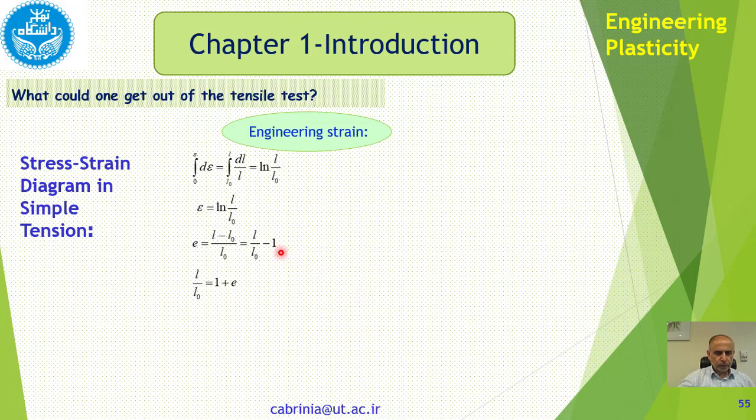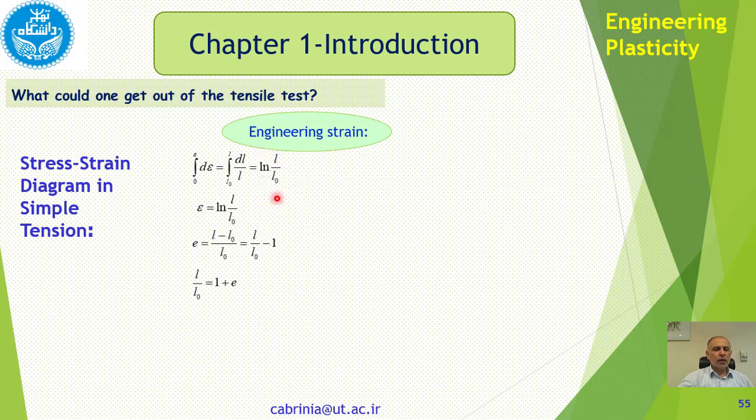Now then, a strain d epsilon from 0 to epsilon, d epsilon is equal to dL over L from L0 to L, and we get obviously ln L over L0, because the epsilon is dL over L, and changing length is L0 to L. So from L0 to L, and then ln L over L0.